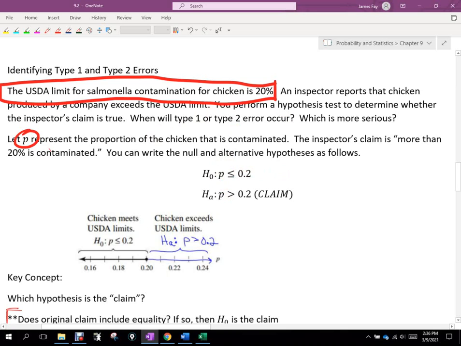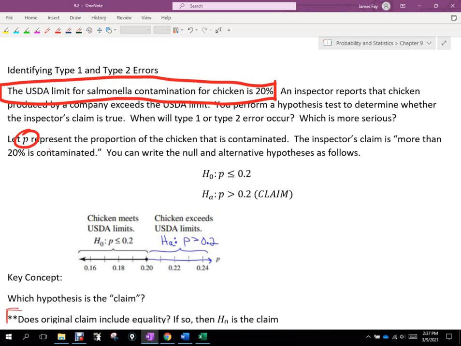But you've got to understand that when we're talking about contamination, if I just say 0.2, it's very unlikely that they hit exactly 0.2. If they hit 0.2, then it's not contaminated, but anything to the right of 0.2 would be contaminated. When we're talking about contamination levels, say the limit for salmonella contamination is 0.2. That means 0.1, 0.15, 0.19 are okay values.